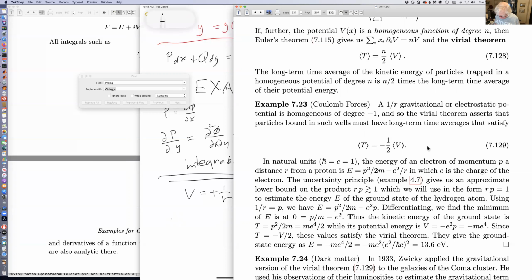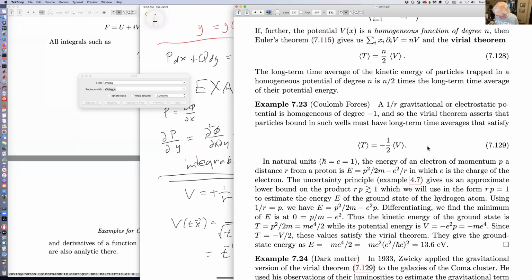So V of tx, what will that be? That'll be 1 over the square root of t squared times x squared. And so that's just 1 over t times V of x. So that's t to the minus 1 V of x.